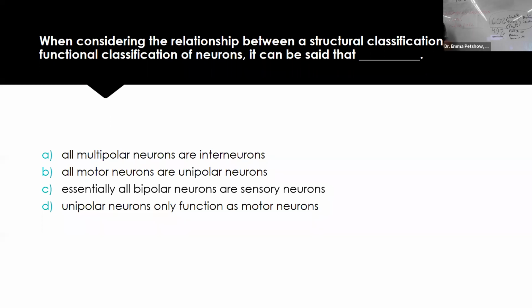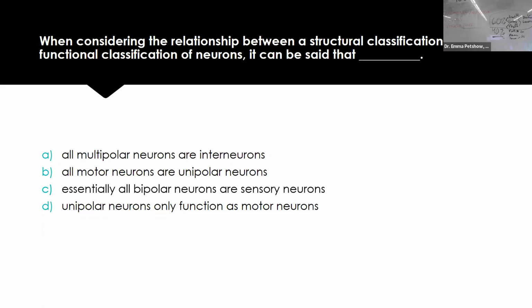This is probably closer to how the NPLEX likes to word questions, because they like to make it confusing. But with this one, you could see that B and D were almost saying the same thing, but in reverse. So since you can't have two correct answers on the NPLEX, on my exams you can, but on the NPLEX you can't, these ones would go away. And then you're left with a statement of all or essentially all.